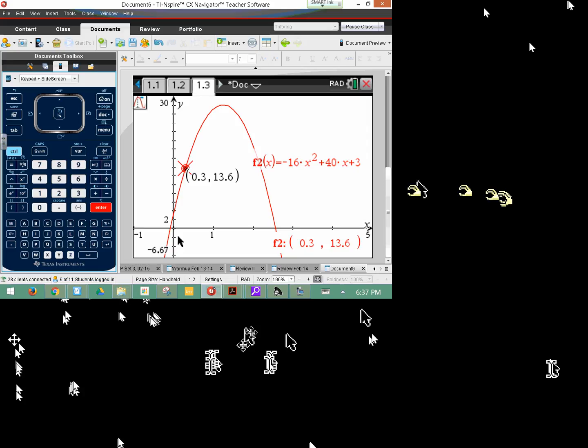Then once I've got that point, I can escape the trace, and now I can use this point to do the rest of the trace. So I'm going to double click on the 13.6, put a 20 there, and find out when the ball is at 20 feet. And it's at 0.543. If I look at my answer choices, that is obviously choice C.